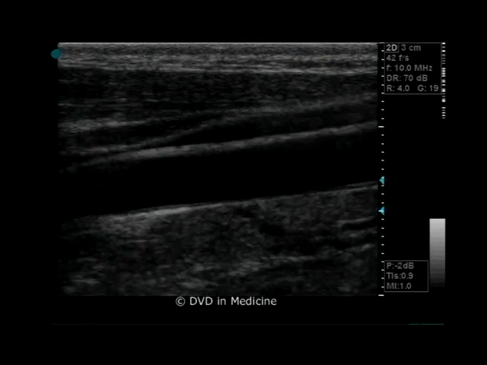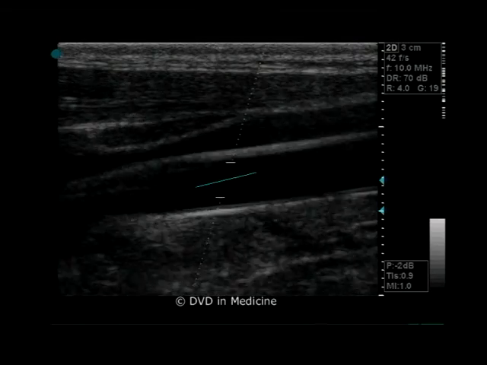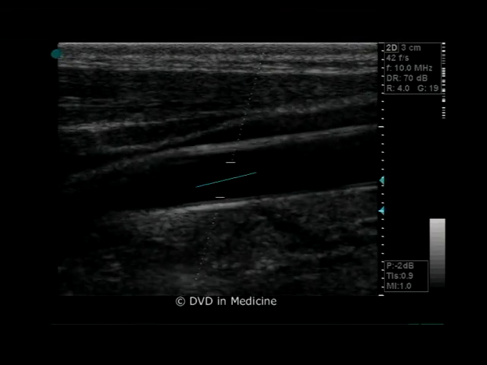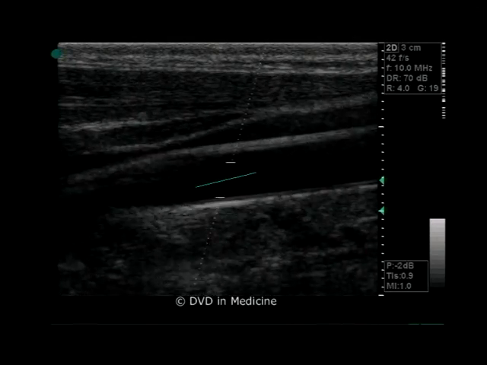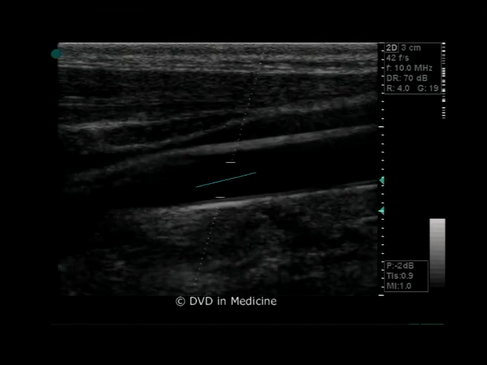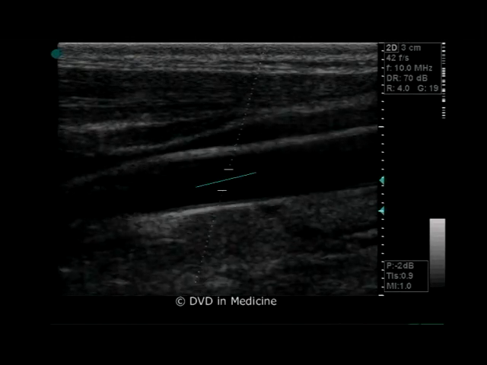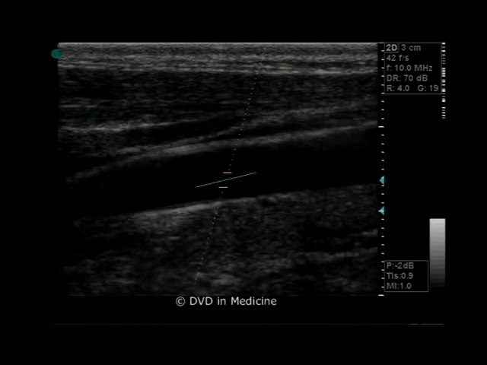If necessary, one can take for the protocol the peak velocity measurements in common carotid artery, internal and external carotid arteries. For routine measurements, the sample volume is set at about 1/3 of the total diameter and placed in the center of the vessel.